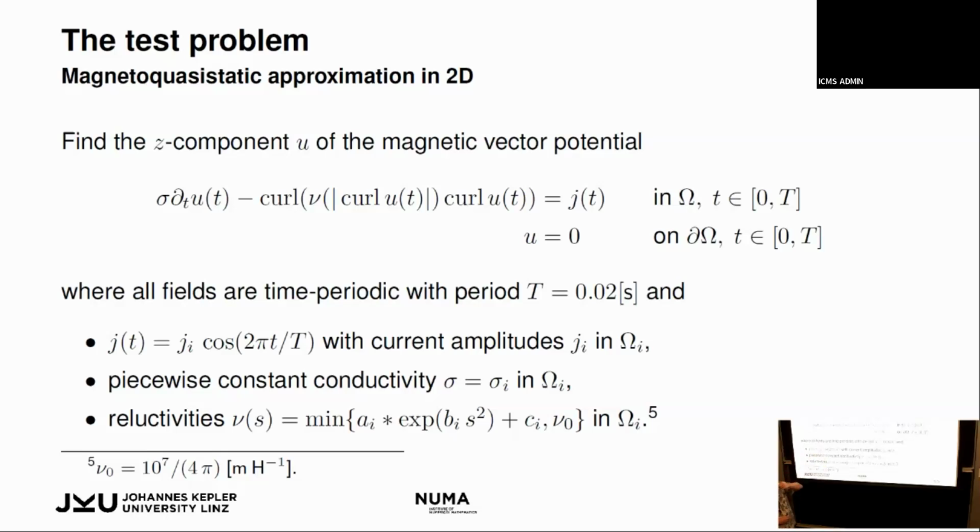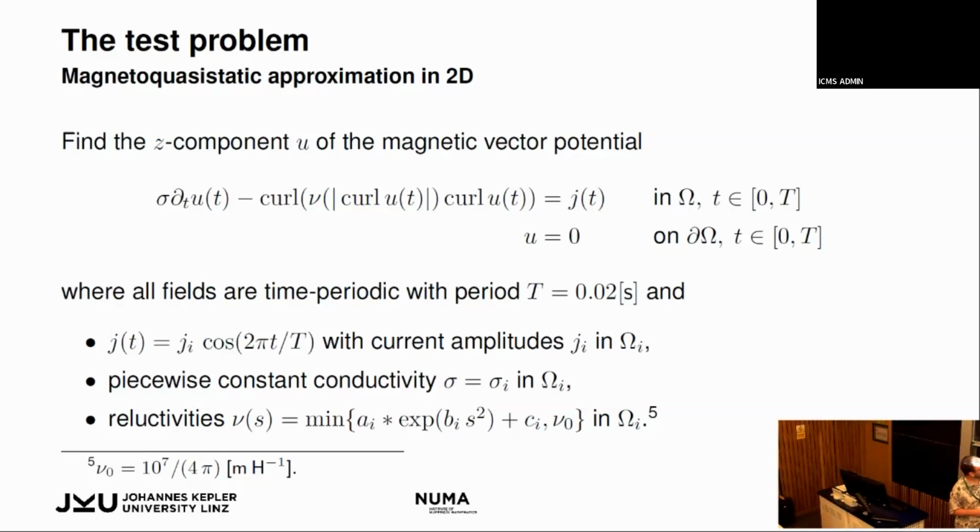And what are our fields? We have a cosine excitation, with some current amplitude that we will define later. Our conductivity is piecewise constant. So it will be 0 in a large part of the domain, and a high value, for instance, in the housing. And then the nonlinear material law: usually you can get this from some measurements, the so-called BH curve.